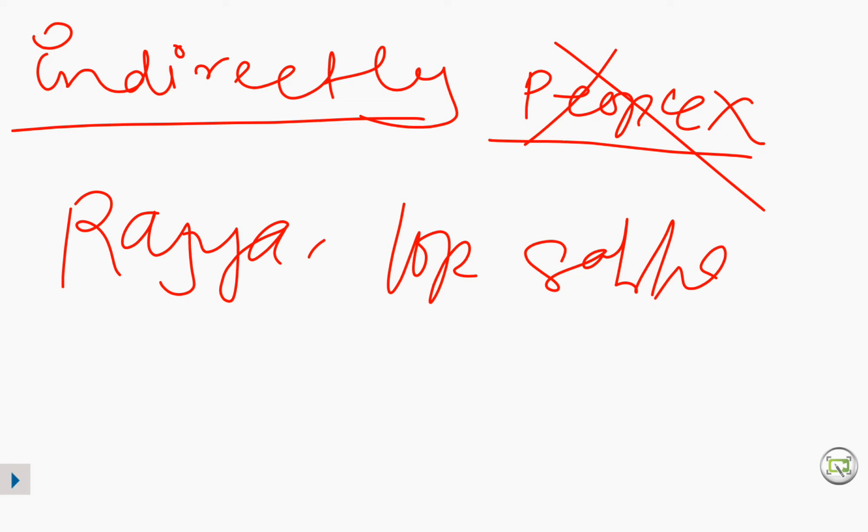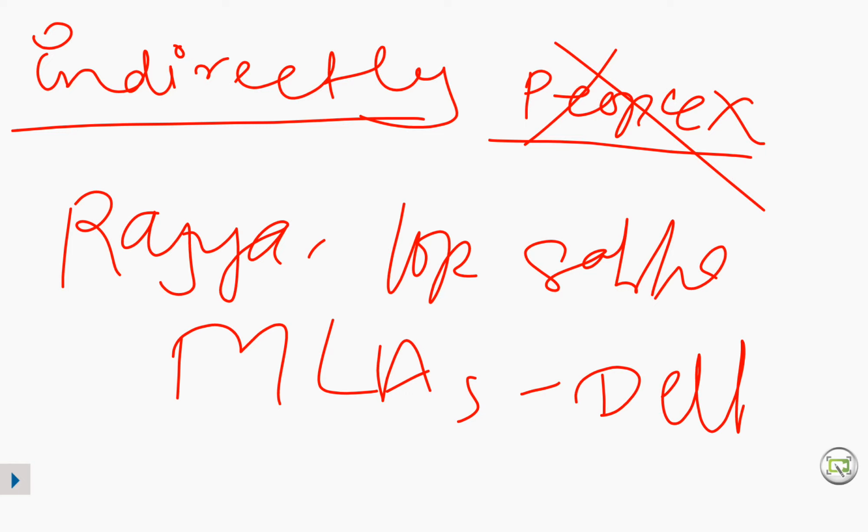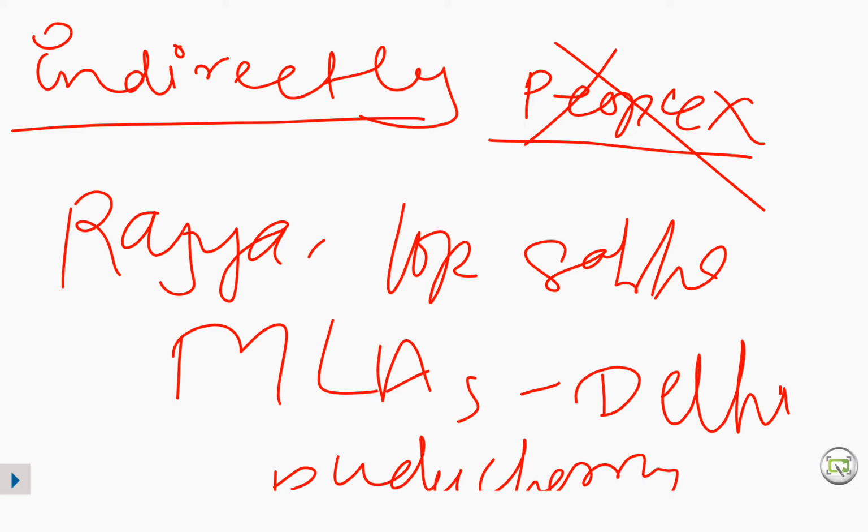Next, the elected members of the legislative assemblies of the states, including the National Capital Territory of Delhi and the Union Territory of Puducherry. So all the state MLAs are members of the electoral college. They can vote for president, and the members from Delhi and Puducherry are also eligible to vote for president.